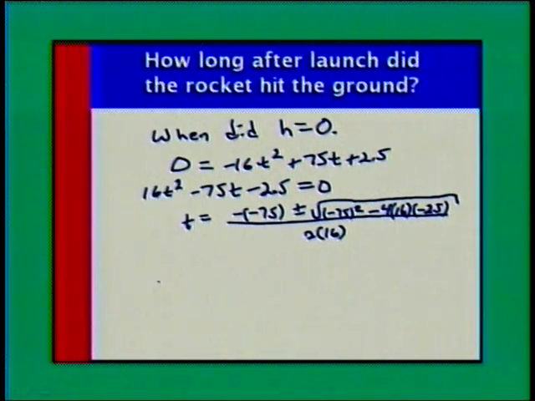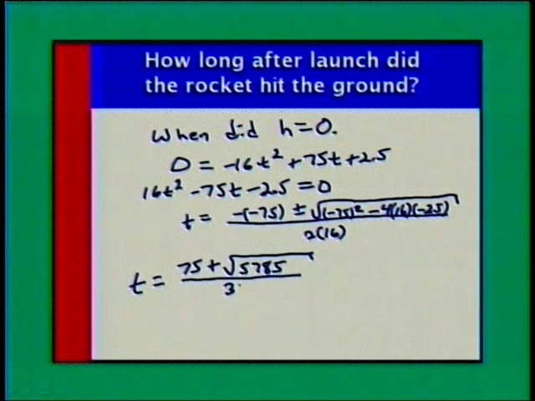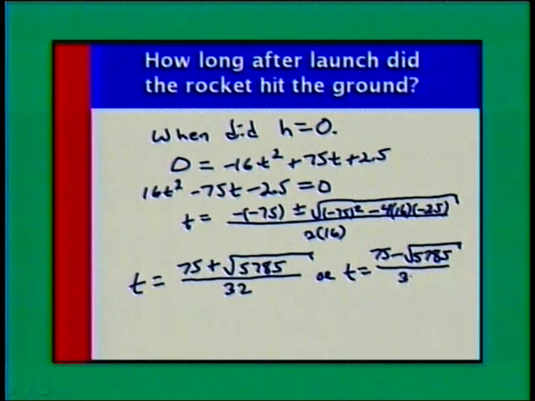So our two proposed solutions are t equals 75 plus the square root of 5785 all over 32, or t equals 75 minus the square root of 5785 all over 32. Let's get some decimal approximations for these two times so that the times make sense to us.